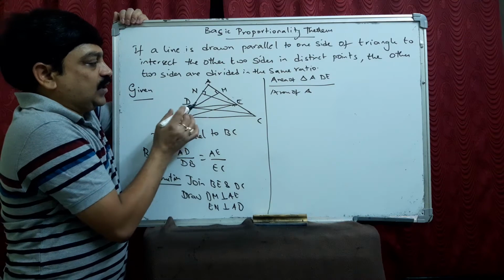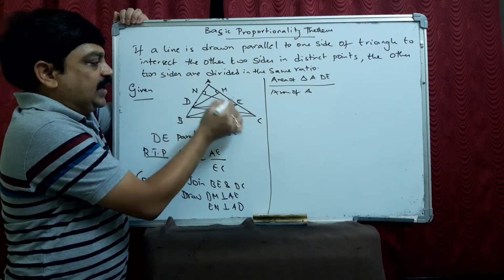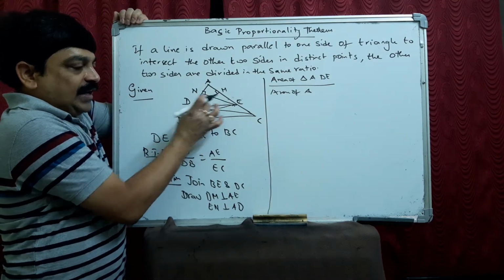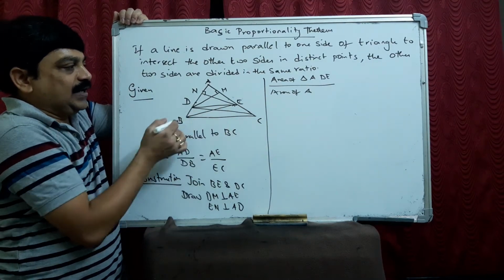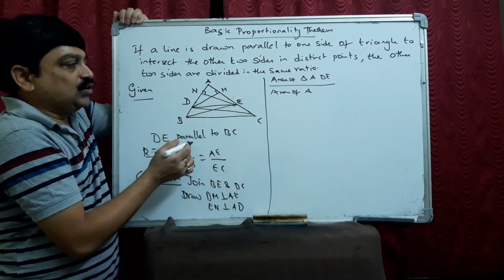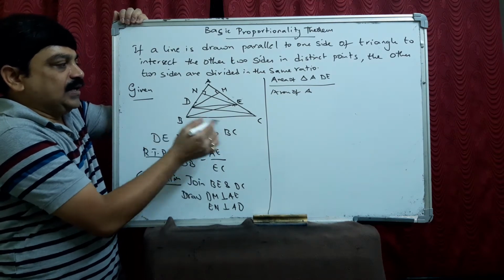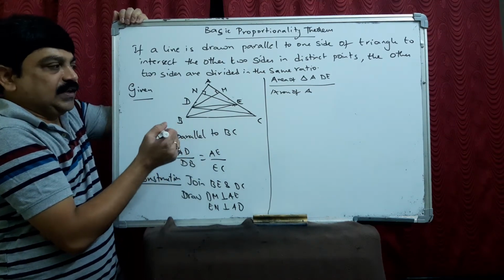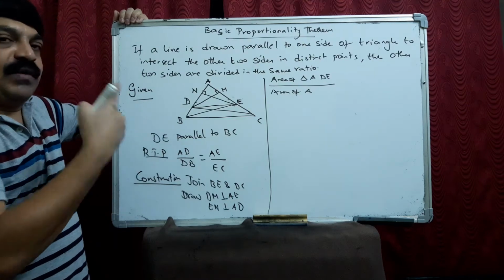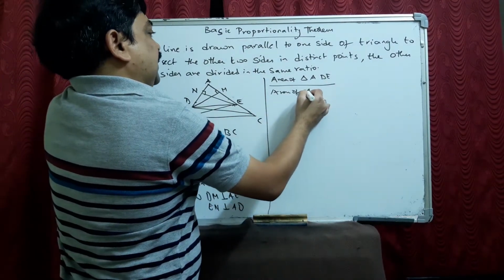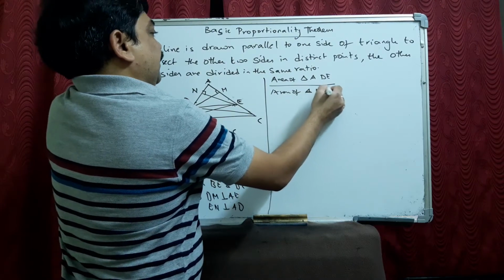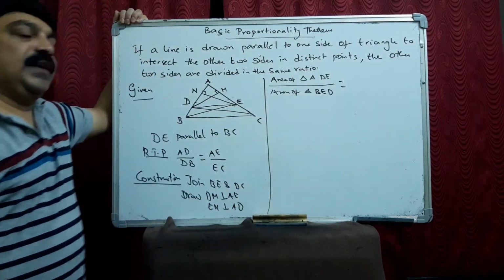You can observe there are two triangles, ADE, and in the second part of the figure you can find two triangles: BED and also CED, BED and CDE. We take them one at a time. First we take the area of triangle BED.